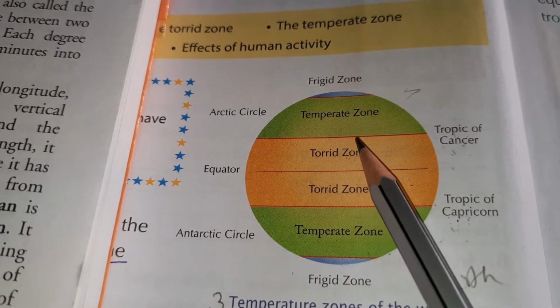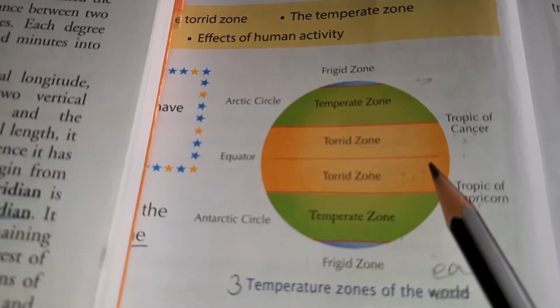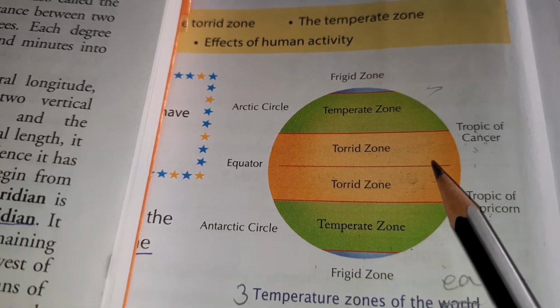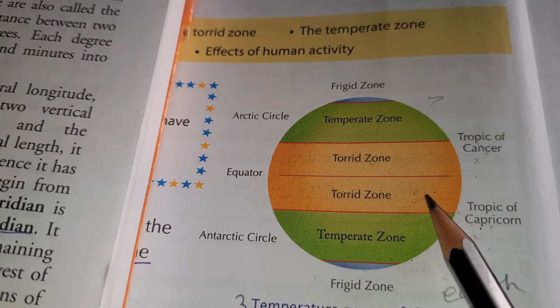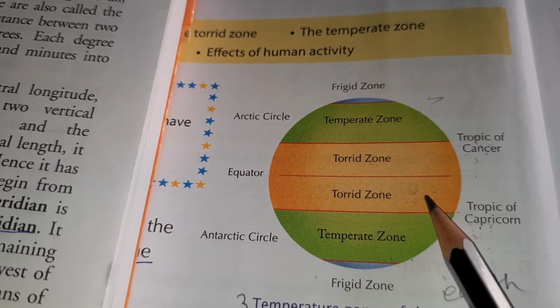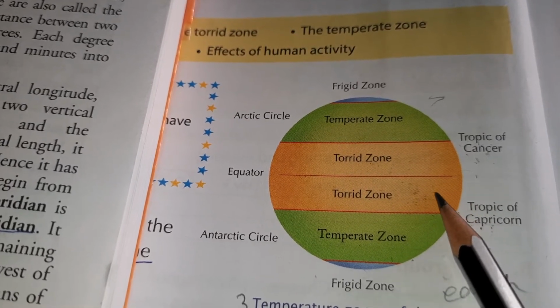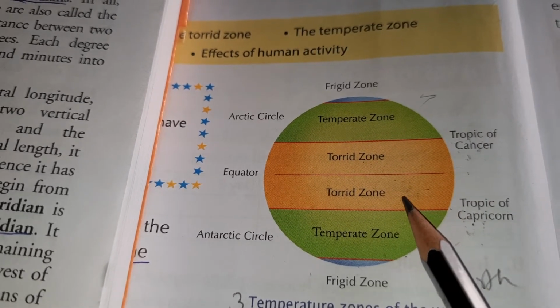It is the hottest zone of the world because the sun rays fall vertically in this zone, so it receives the maximum heat. Is it clear, students?